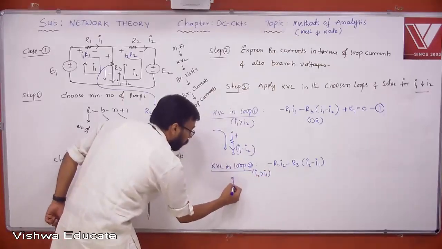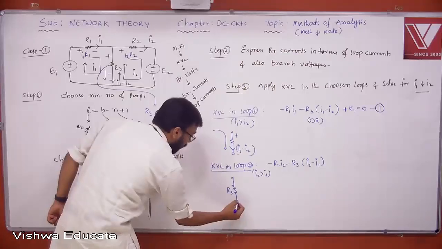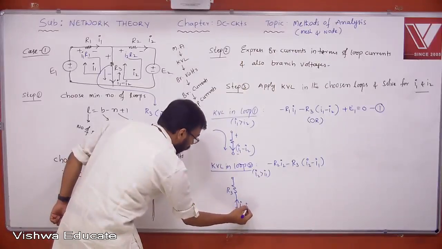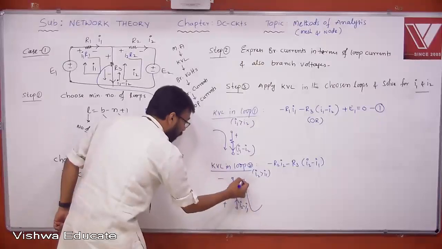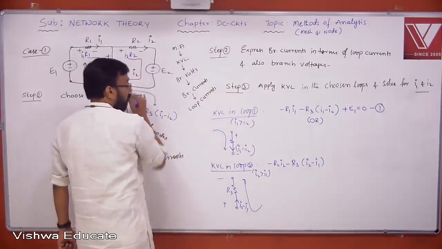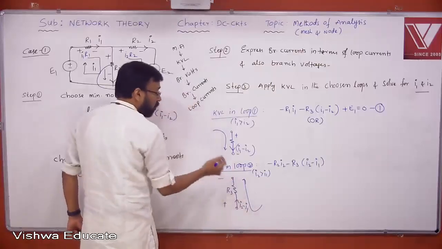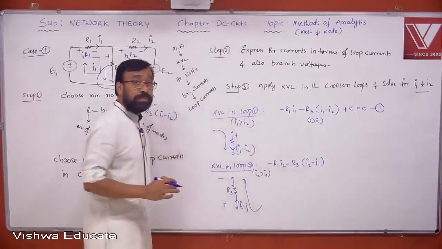Look at this, all of you, this is R3, and I2 greater than I1 gives I2 minus I1, upward direction. What are the polarities? Plus minus. You are moving again from higher potential to lower potential, fallen voltage. Fallen voltage becomes negative. You understand?